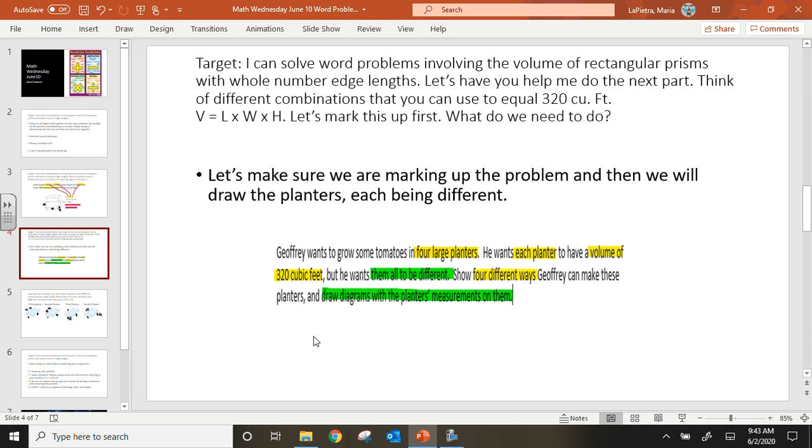Okay, so make sure you're thinking about this. I'm going to give you a couple seconds to go ahead and pause this video. Go ahead and make 4 rectangular shapes and label each one of them with a different width, length, height. And when you're ready, come back and we will see how you did.